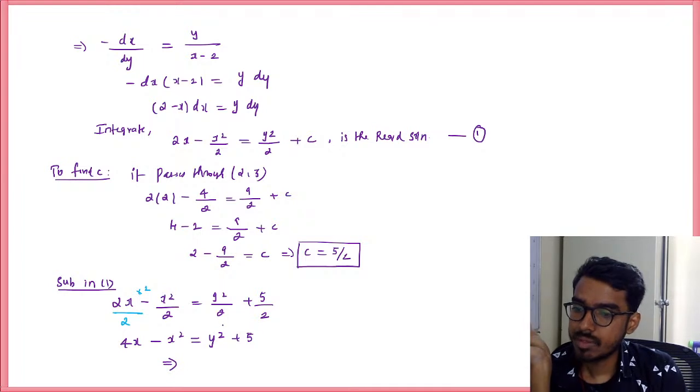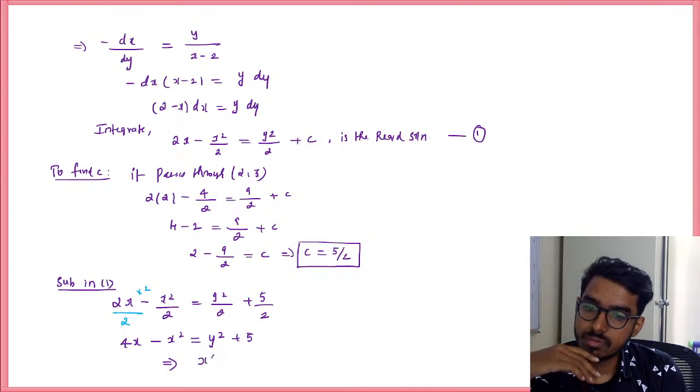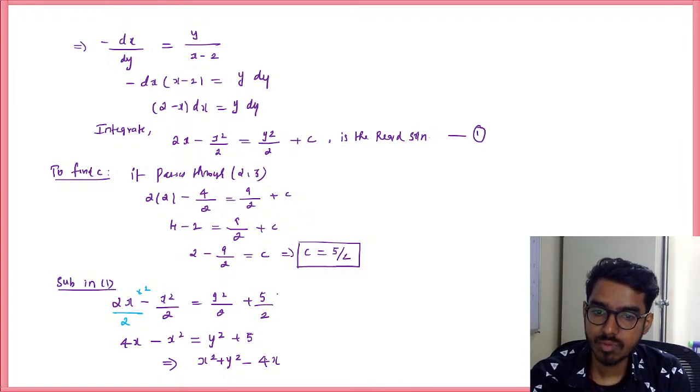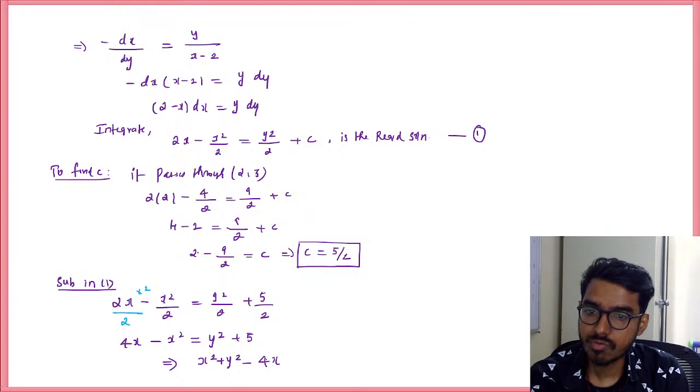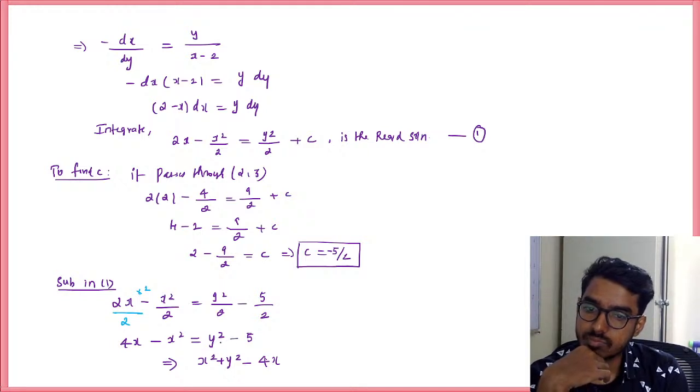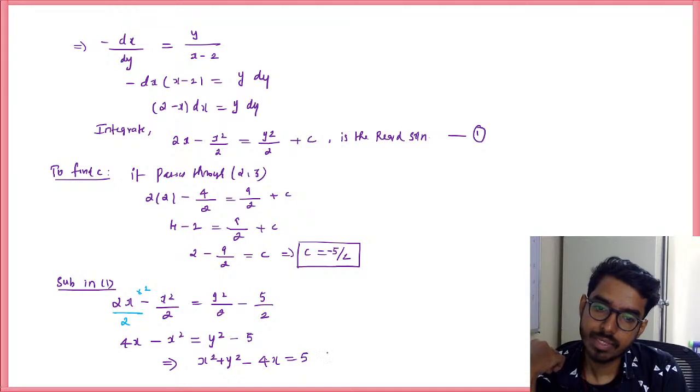If we take that to this side, we have x square plus y square minus 4x is equal to 5. This is the required curve.